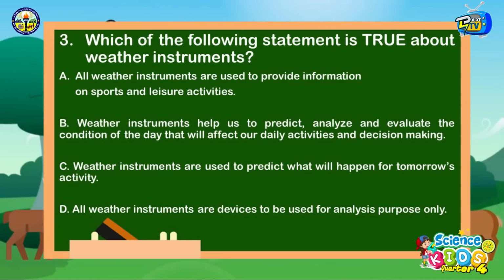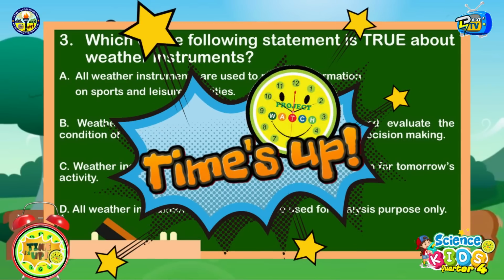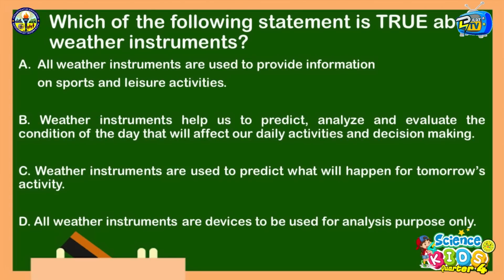C. Weather instruments are used to predict what will happen for tomorrow's activity. D. All weather instruments are devices to be used for analysis purpose only. What is your answer? Awesome! The correct answer is letter B.